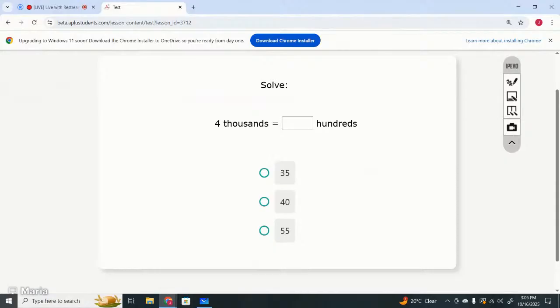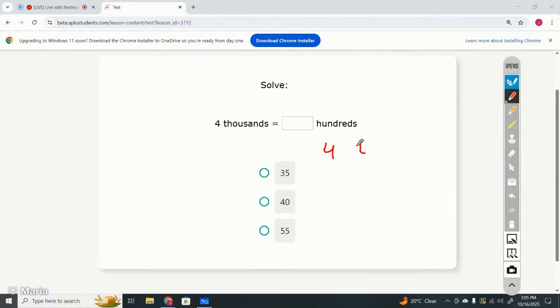4,000s equal how many hundreds? So in 1,000 we have how many hundreds? In 1,000 we have 10 hundreds.